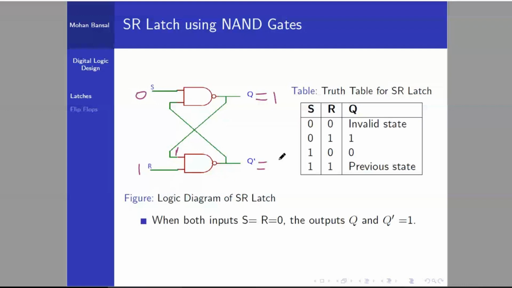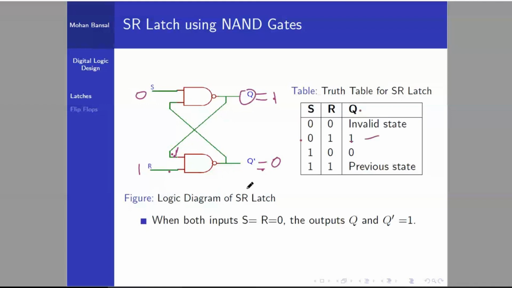It is 0. It doesn't matter what the value of the other input is. If the output is 1, Q is 1, so this is the input for the next NAND gate. Both inputs are 1, so the output will be 0. So for S 0, R 1, Q, the main output, is 1.